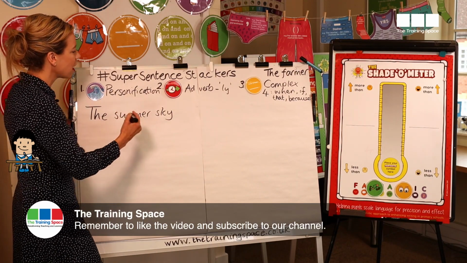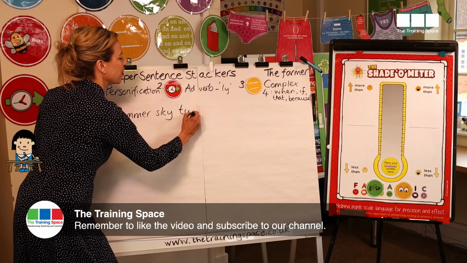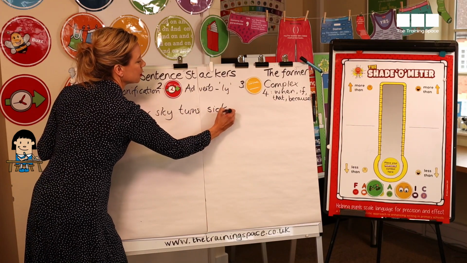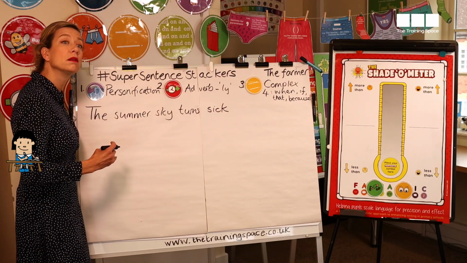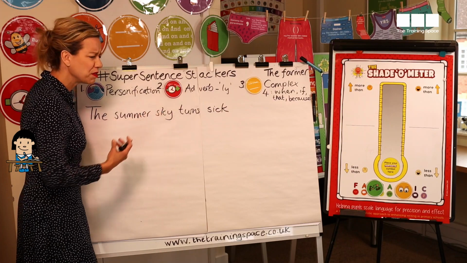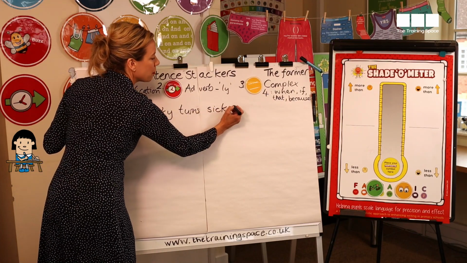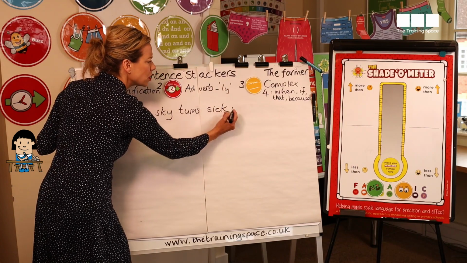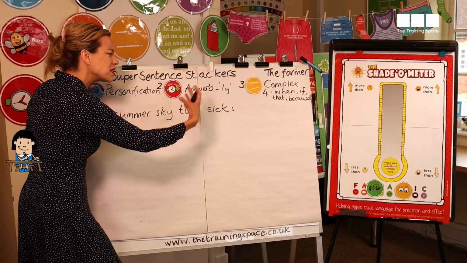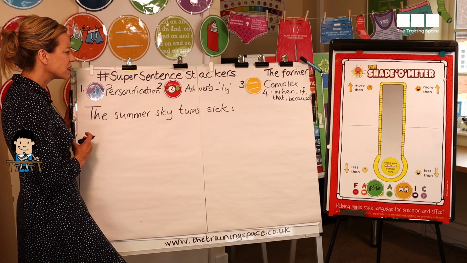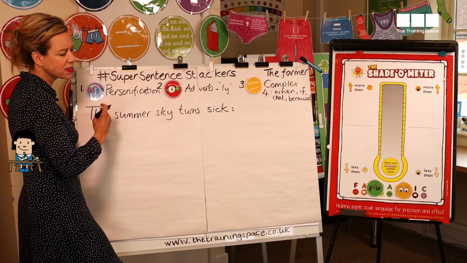The summer sky turns, I like that, turns sick, becomes unwell, turns sick, sort of has more negative intent. I'm then going to put in a colon because I'm going to carry on with some more clauses to explain this in more detail. The summer sky turns sick.